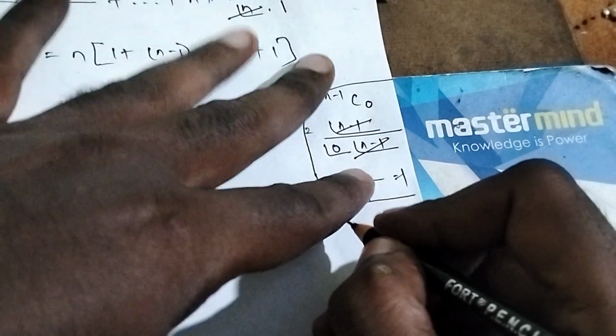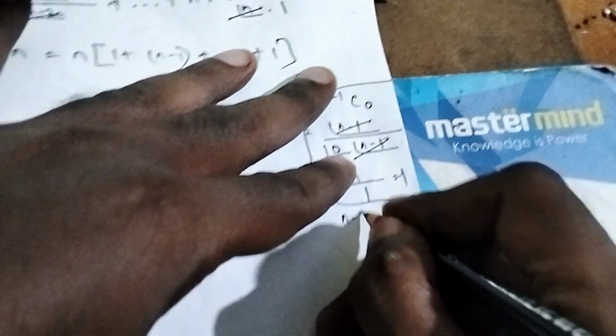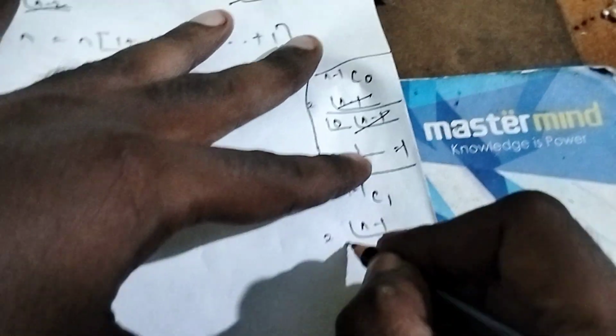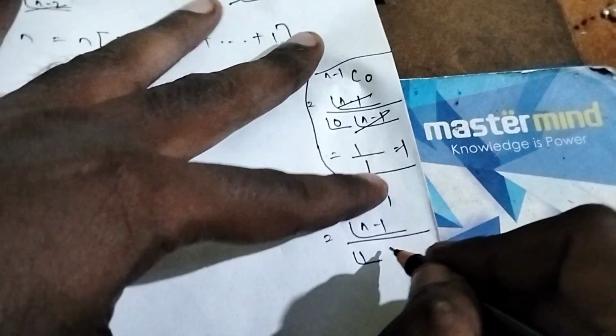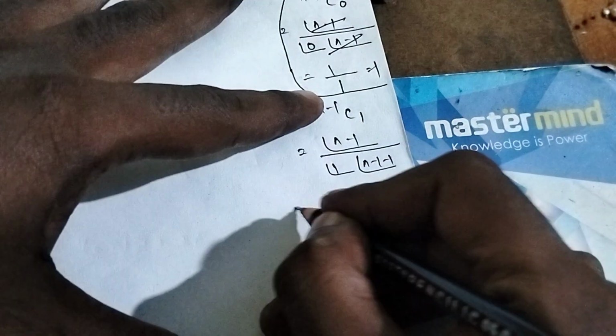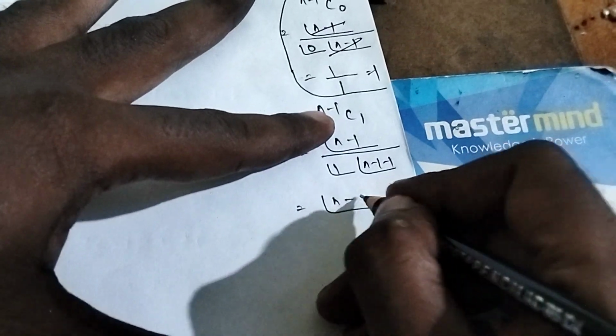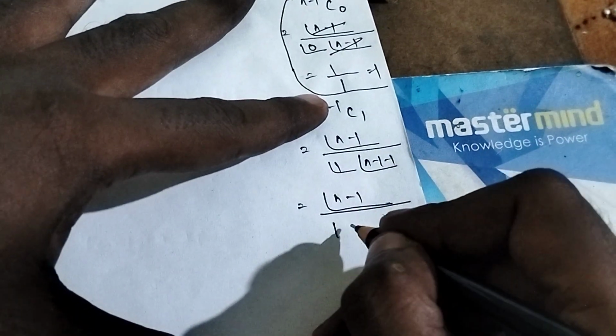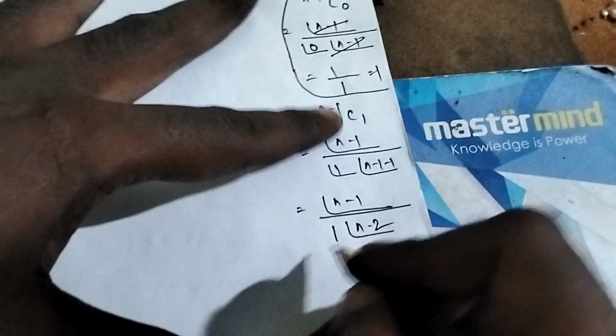Okay, n minus 1 C1, that means what? N minus 1 factorial by 1 factorial into n minus 1 factorial. So it will be n minus 1 factorial by 1 factorial, which is 1, into n minus 2 factorial.